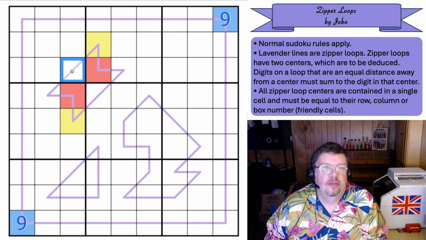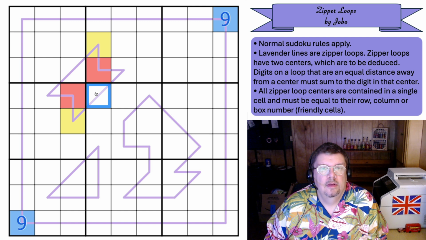This is a 1 or a 3, so it'd have to be a 3. And this is 3, 4, or 5. No, 4 or 5. Just 4 or 5. That would be 1 or 3. That would be 4 or 5.